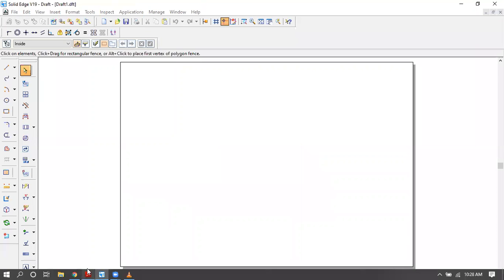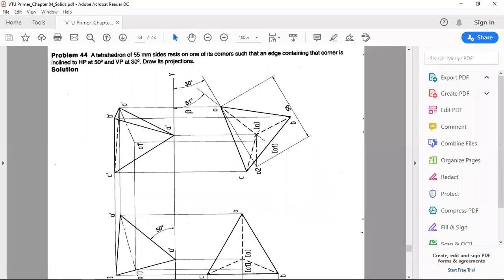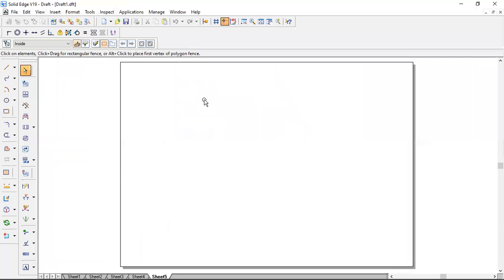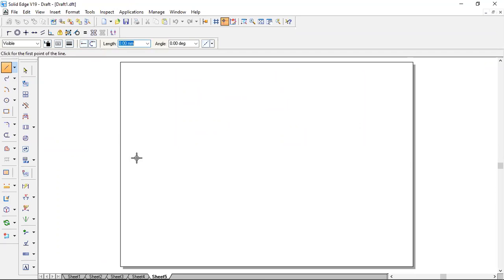What is the tetrahedron size given? It is 55. So the base is an equilateral triangle of 55 sides. First draw the XY line. Then we need to draw the equilateral triangle, as it is resting on one of its corners.